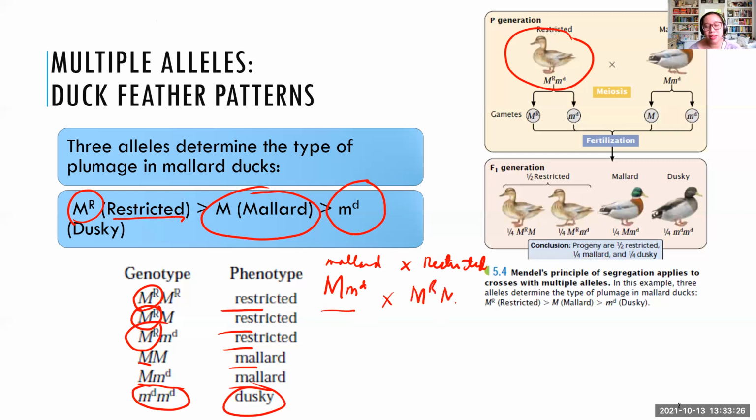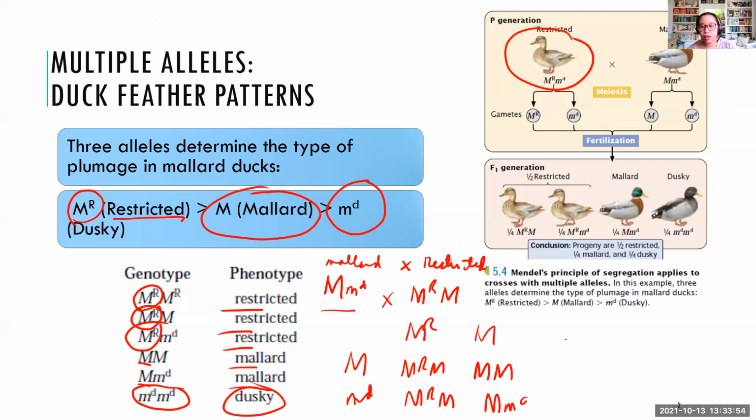You also need to know how to represent your parental genotypes properly. Doing the Punnett square, you will have restricted, mallard, restricted, and mallard. So that's 1:1, or 50% restricted and 50% mallard. So no dusky appeared.